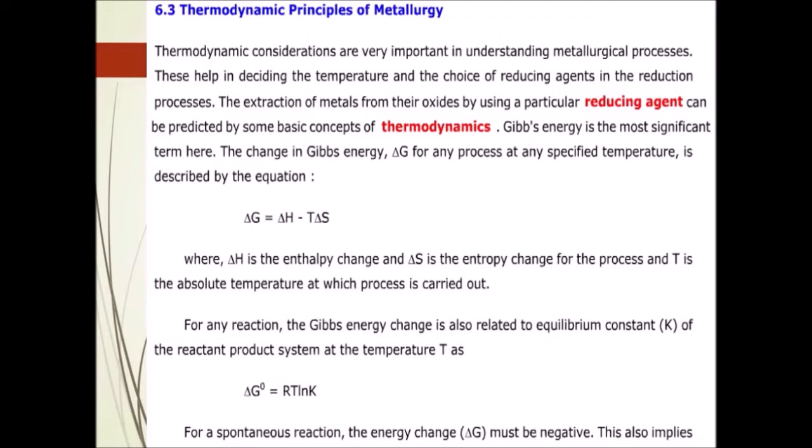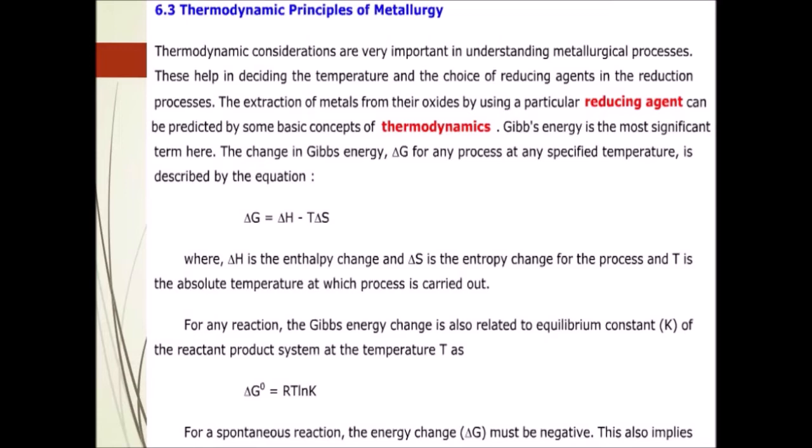I repeat again, the reaction with the positive delta G value is combined with the reaction having a greater negative delta G value. Then the overall or net delta G value of both the reactions will be negative. So delta G becomes negative and the reaction is spontaneous.